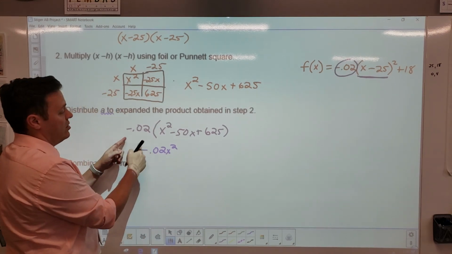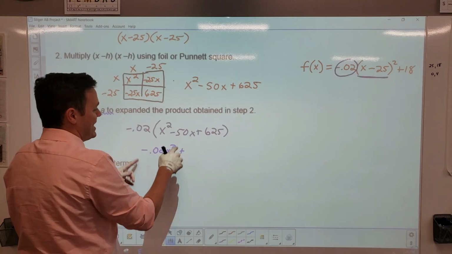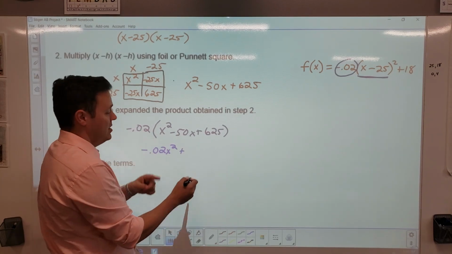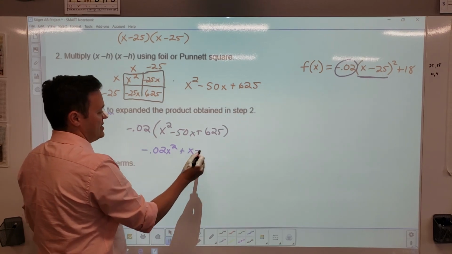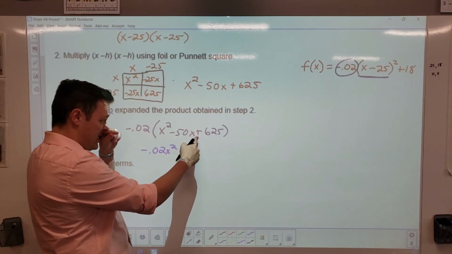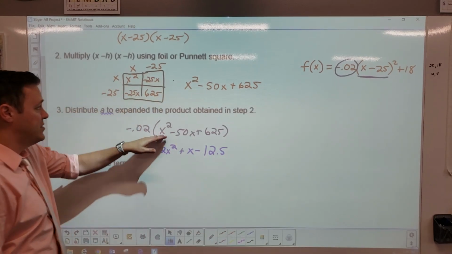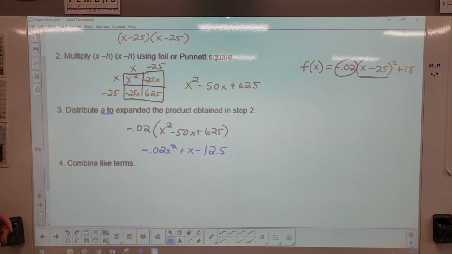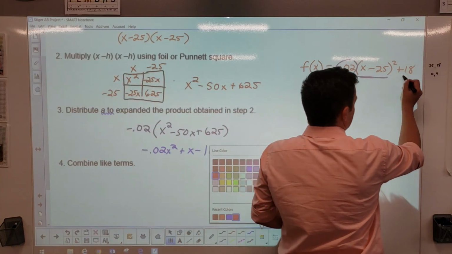If I go into a calculator, negative and negative is a positive, and I type this in, what's ironic is it actually comes out to be 1, which would be x. Then if I multiply this in, I know that's a negative, because a negative and a positive is still a negative, and this will be 12.5. So now I've distributed the 2. Now I need to combine like terms because I'm still missing the final piece, which is the 18.